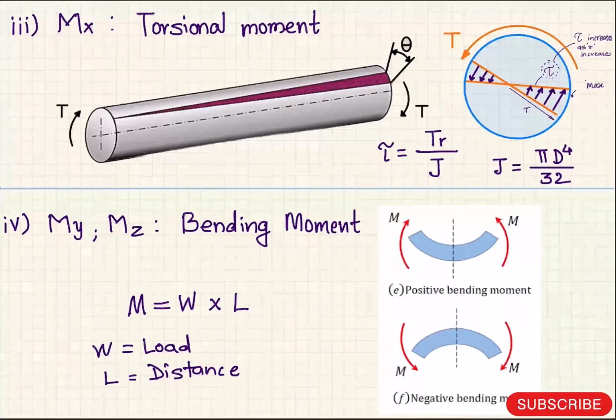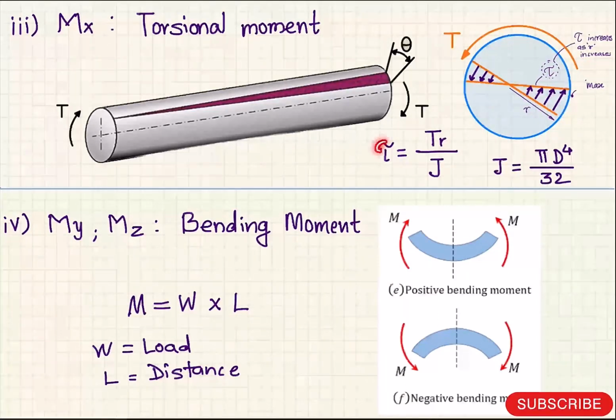Now what happened exactly? The molecule at the farthest end of the specimen gets twisted up to this point. With this radius, the molecule gets a twisting moment from this point to this point. So easily you can understand that the torsion effect increases as the radius increases.